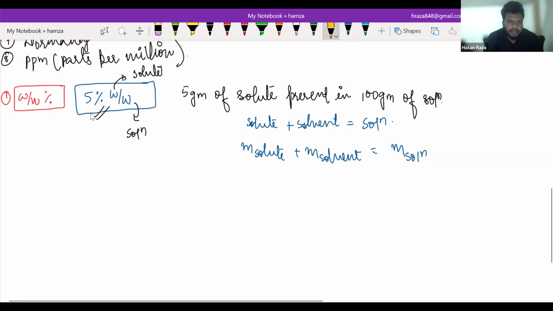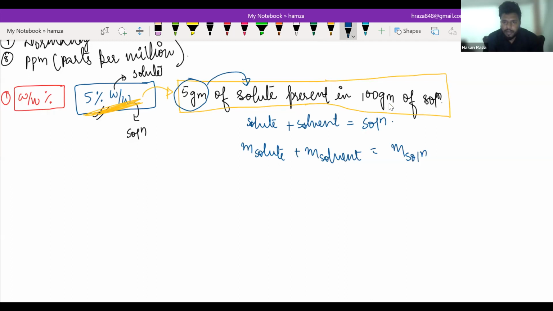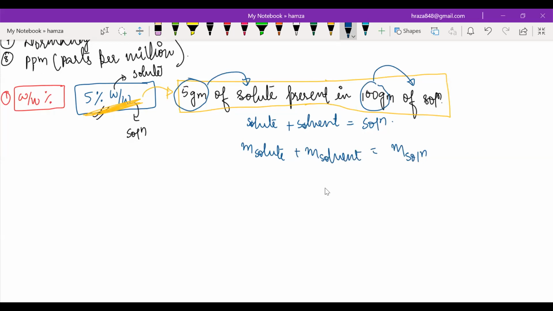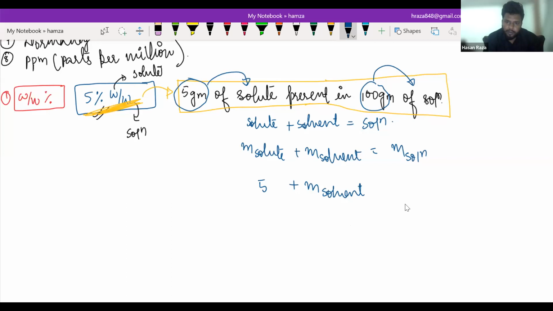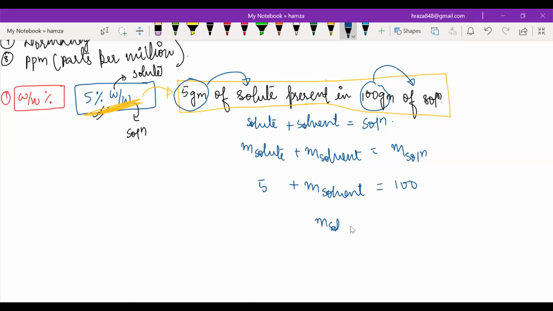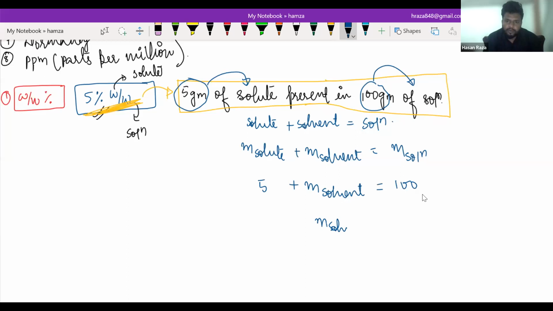So if this is given, you can easily write the whole sentence, and by reading the sentence carefully you can find the mass of solvent, because the mass of solute and the mass of solution are given. So 100 minus 5, that is 95. If this moves to the right side, it will be negative. So the value is basically 95 gram.